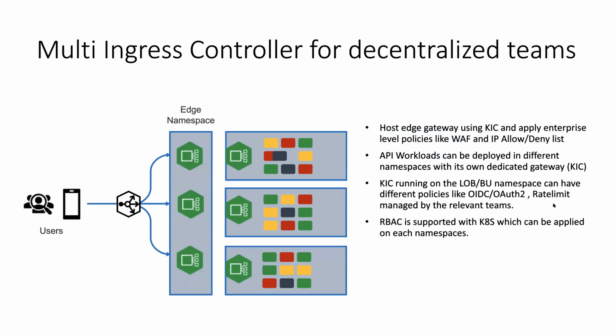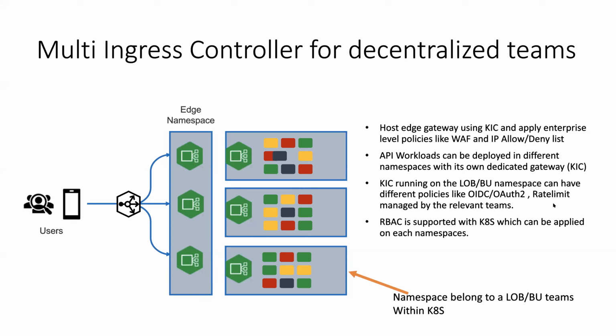This is one of the examples we quite often see at our customers' places: multi-ingress controller for a decentralized team. I personally know a couple of places where I have worked and implemented a similar architecture, where they run two separate namespaces: an edge namespace and a namespace specific to a business unit.